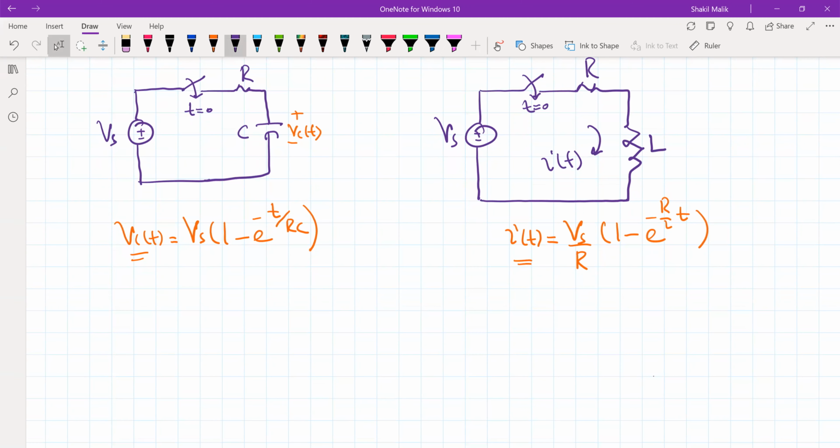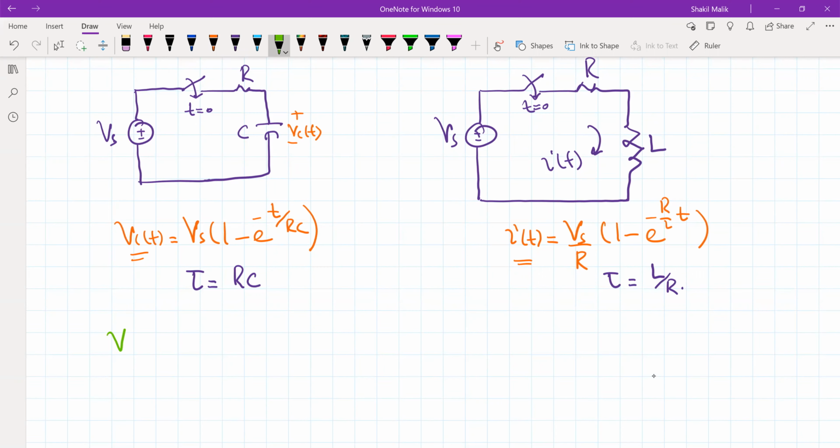Now, if we put tau equal to RC in this, and tau equal to L by R in this, what are we going to obtain?